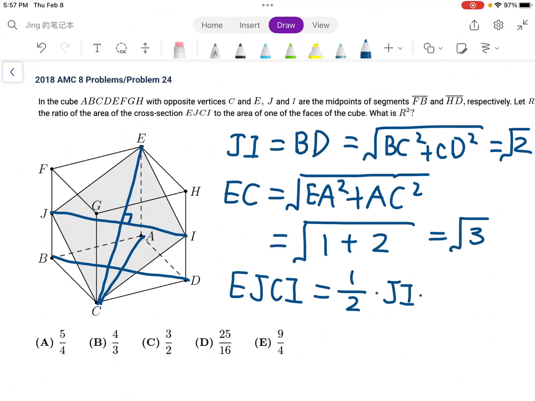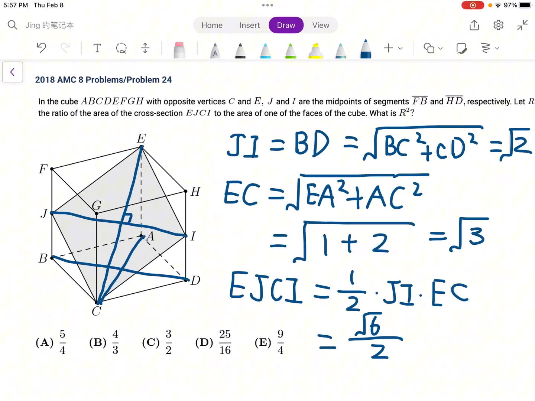So the area of EJCI equals double the area of the triangle EJI. And that means it equals 1/2 JI multiply EC. And that's square root of 6 over 2.